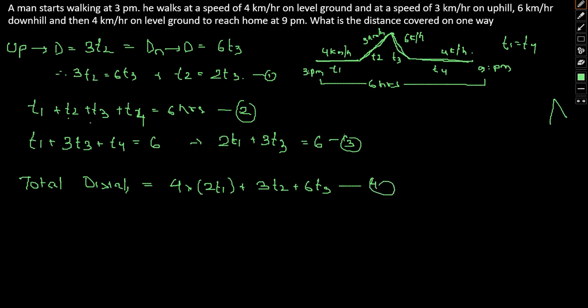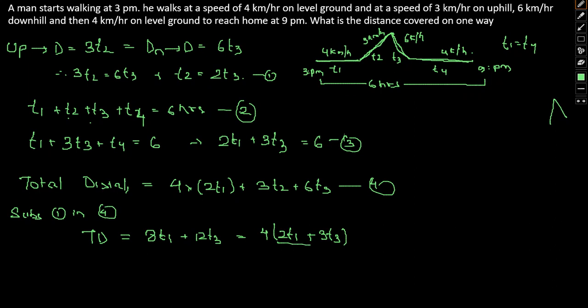Now if we substitute 1 in 4, we have total distance equal to 8t1 plus 12t3. Which can be further written, if we take 4 as common, as 4 into 2t1 plus 3t3.